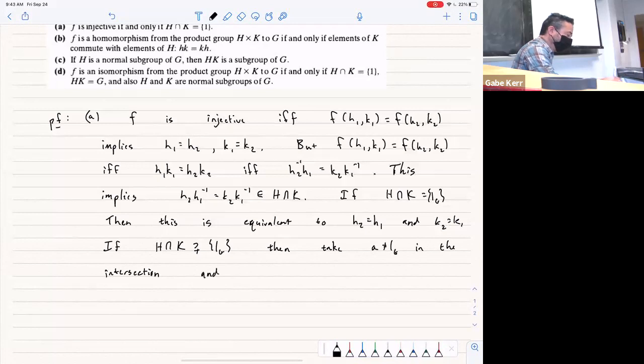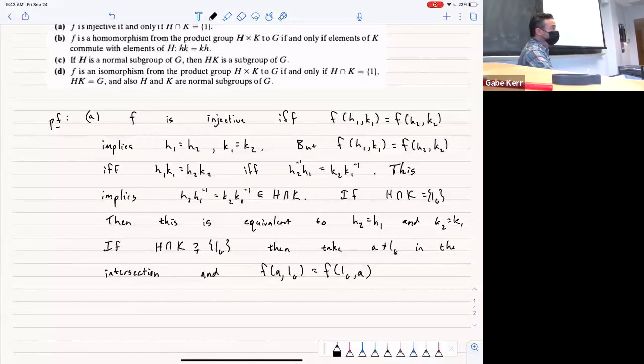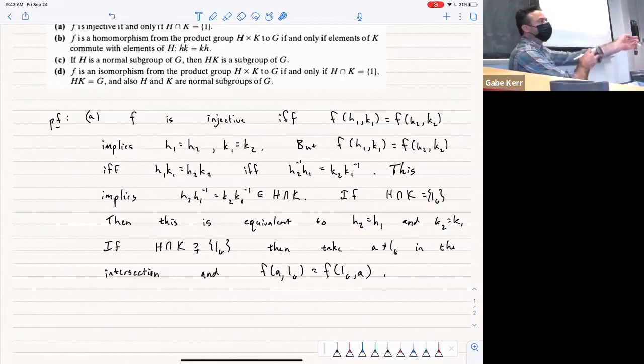And just consider F of (A, 1) and F of (1, A). We can demonstrate two pairs that are not equal as pairs but go to the same point. So it would not be injective. What we're saying here is, if this is true, then it's injective. If it's not true, then it's not injective. So they're equivalent. That's A.